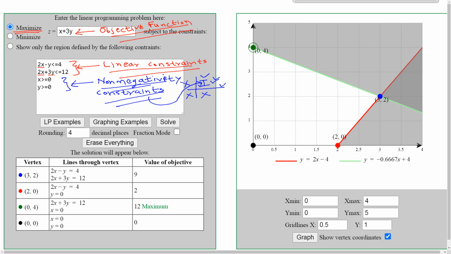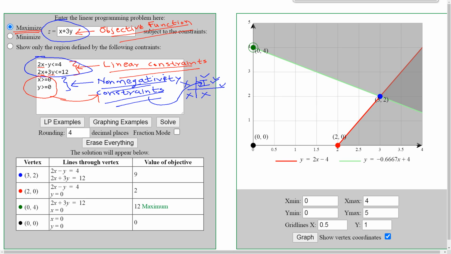Z is equal to x plus 3y is the objective function here. What are linear constraints? These are two linear constraints: 2x minus y is less equal to 4 and 2x plus 3y is less equal to 12. What are non-negativity constraints? X is greater equal to 0 and y is greater equal to 0. These are non-negativity constraints. Okay.